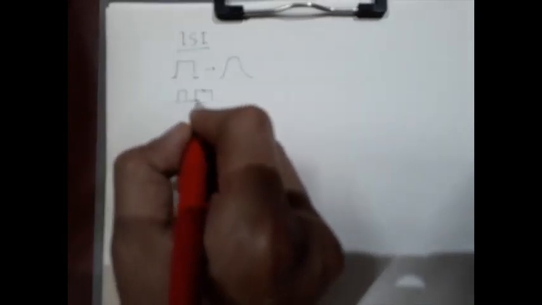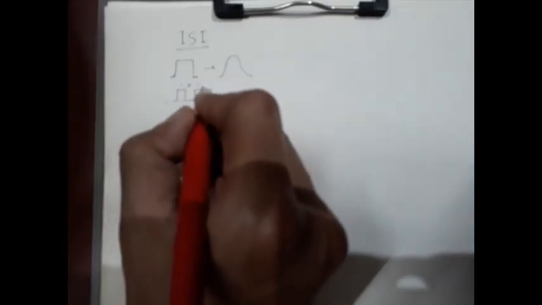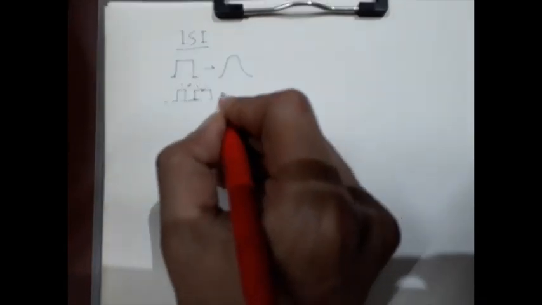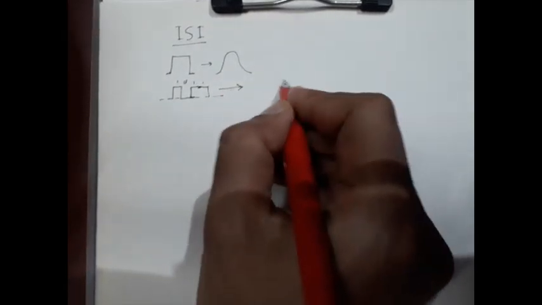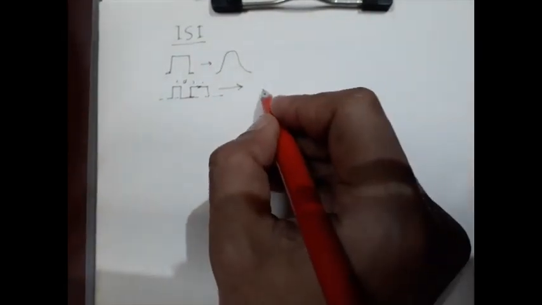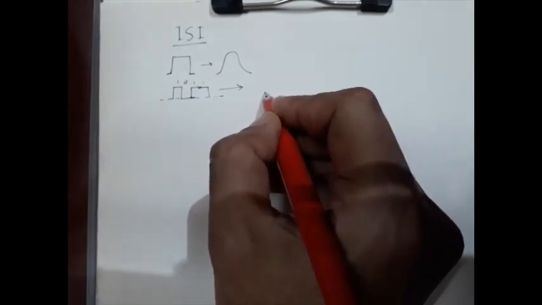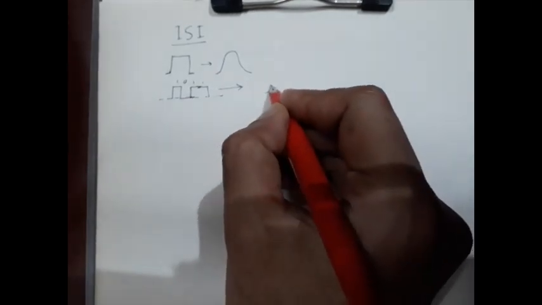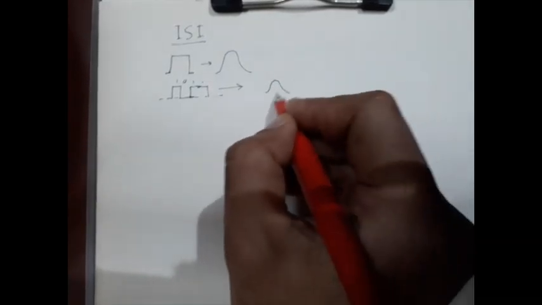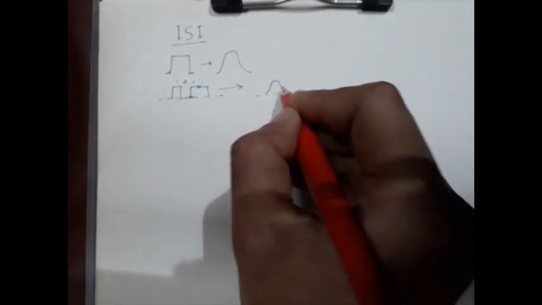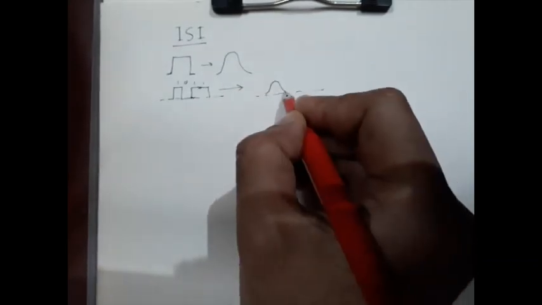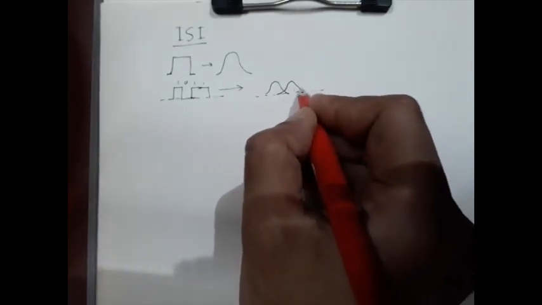Say we have 1011. This is the data, and this data is passed through a long channel, and after having distortion, all the pulses will be smeared and spread in time. So what happens, this pulse will spread, also this pulse will also spread, so something like this.